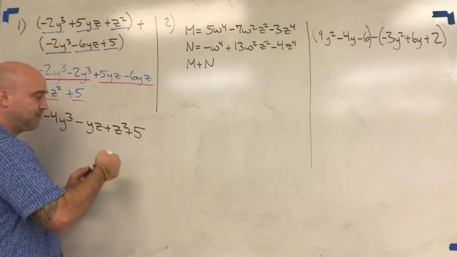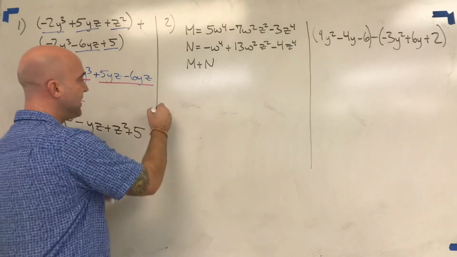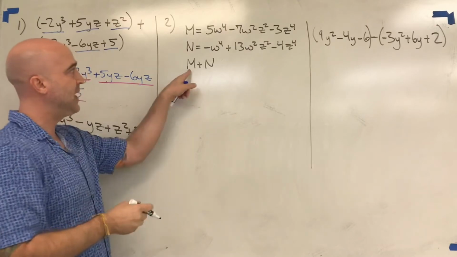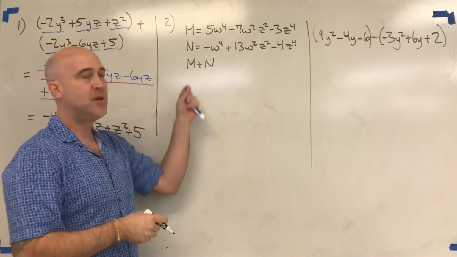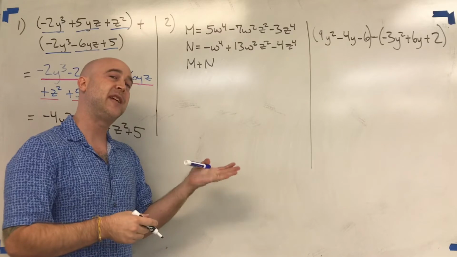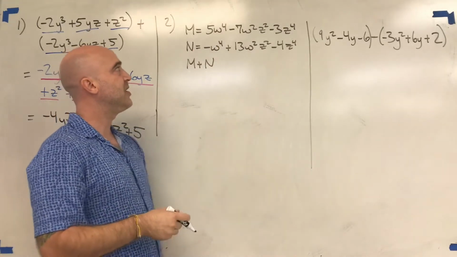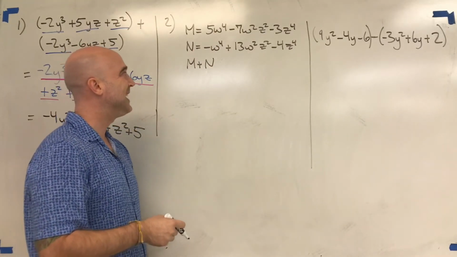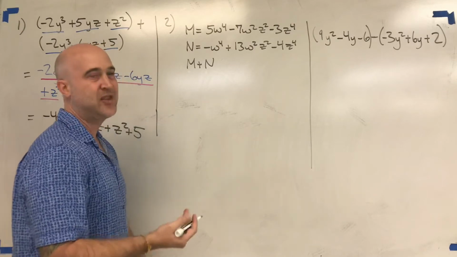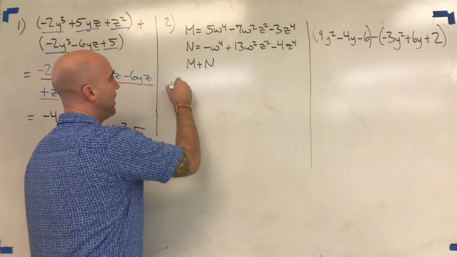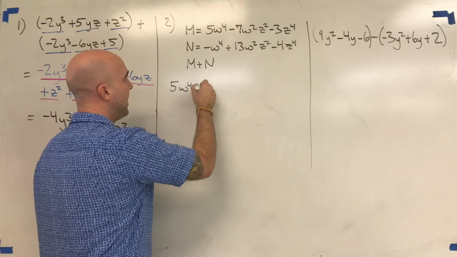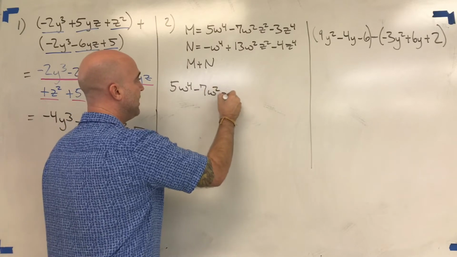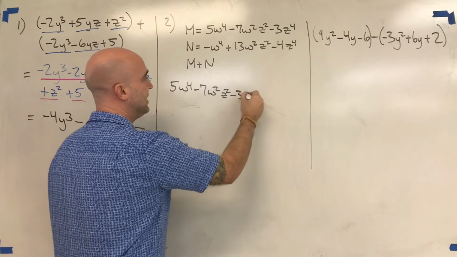Next one. We have the n's and the w's combining here, so we add them. Remember, addition doesn't change anything for our problem, so I can just jump right in and add them together. But let's write it out for what it would look like. We have 5w to the 4th minus 7w squared z squared minus 3z to the 4th.